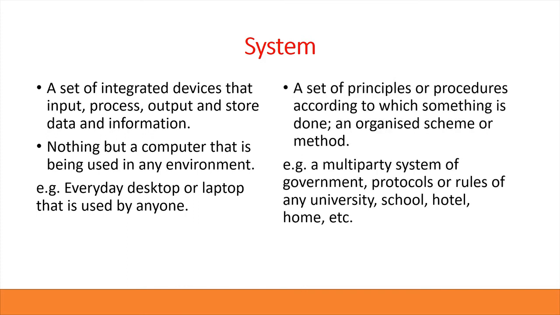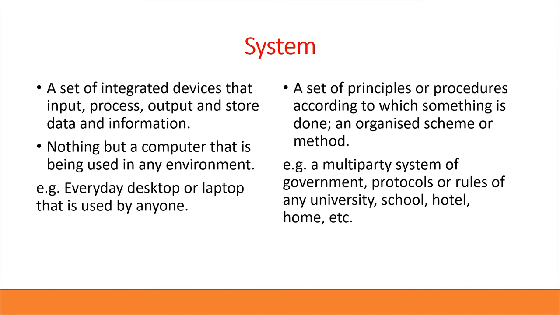The next definition of a system, in terms of management, is a concept where rules and regulations are taken into consideration. A certain protocol or a certain rule or regulation that is regularly followed in an organization. The example I gave was, in an organization, what is the starting time of work, what is the ending time of the office, how many breaks can I take, or how many leaves do I get in one particular year, and so on.